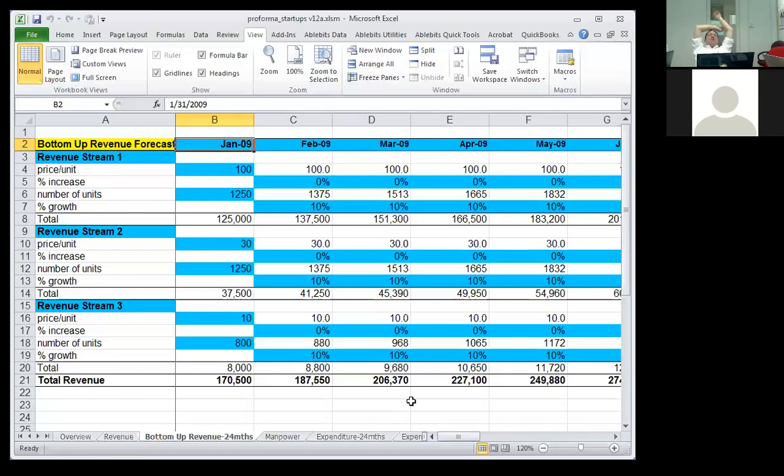One thing that jumps out at me is, wow, the first month that this business starts, they're already selling 3,300 units of whatever they're selling. With 30 days in a month, they're selling about 100 units a day already.